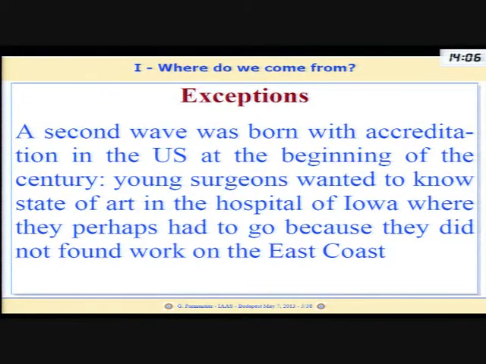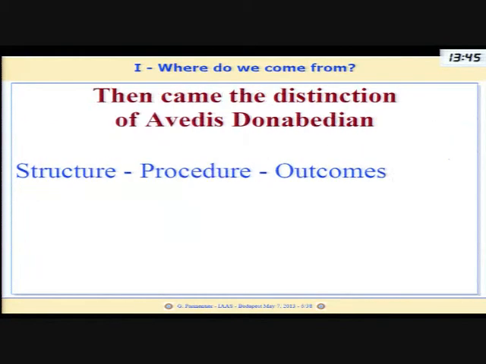It was a long travel. So they designed a questionnaire to know the state of the art of the hospitals in Iowa where they could go to work. It's the beginning of the first accreditation procedure, and there were good indicators. But it was an exception.